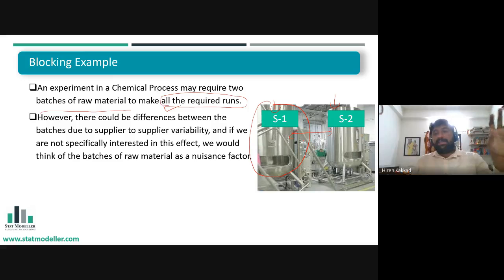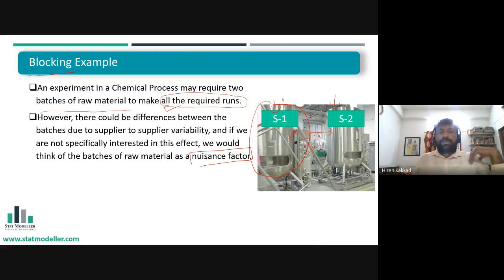But we are not interested in studying the supplier to supplier variability. That is not our ultimate objective. But we have to consider this variability, or we need to eliminate it, as it is due to the nuisance factor. So we need to eliminate this from our analysis. How can we eliminate it? We need to use the concept of blocking.